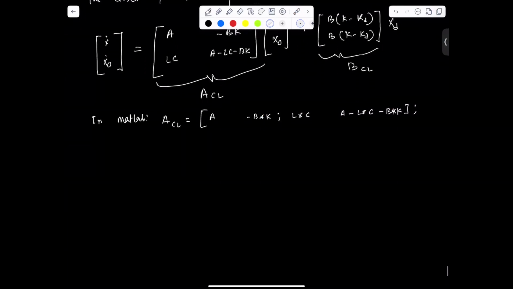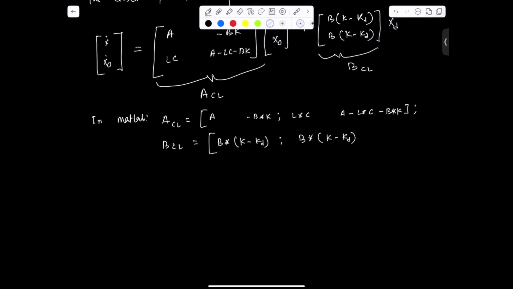And BCL we can find as B star K minus KD, with 2 rows and 1 column, should be K minus KD.